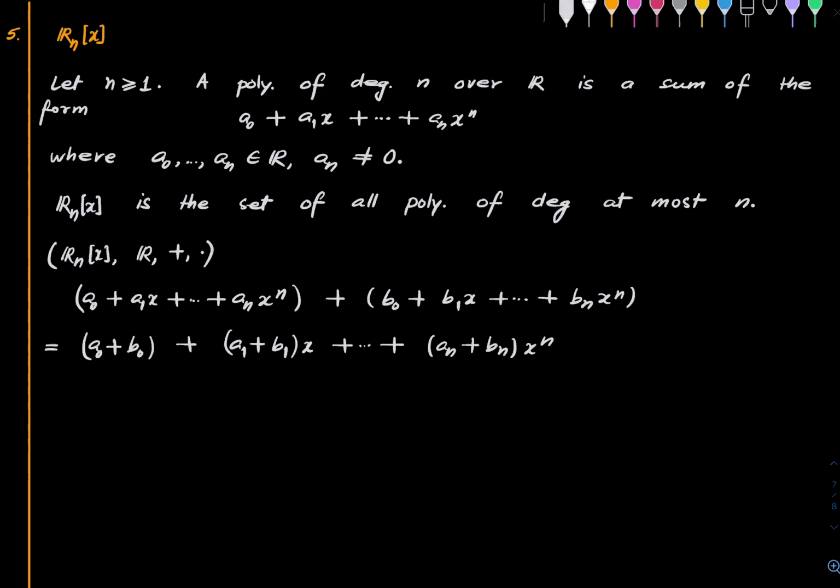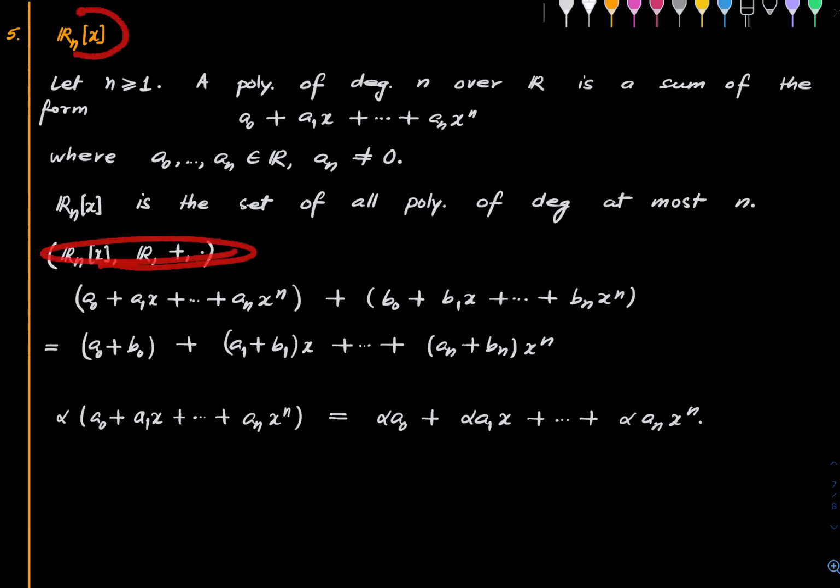Just add the coefficients, and scaling is also very natural. Just scale the coefficients. And you can check that this is a vector space. So just check that this quadruple, or simply this symbol, is a vector space over R. Another example.